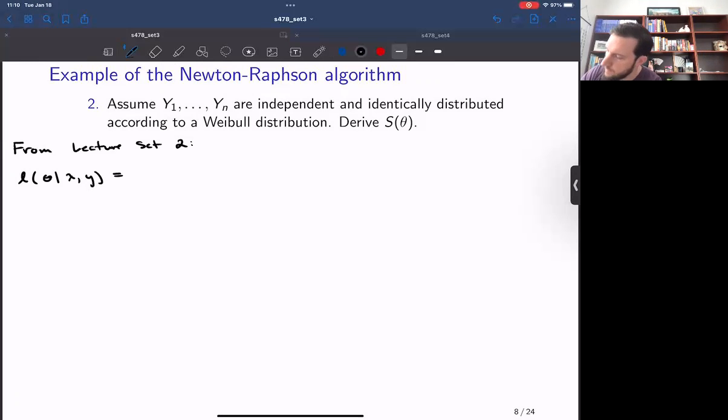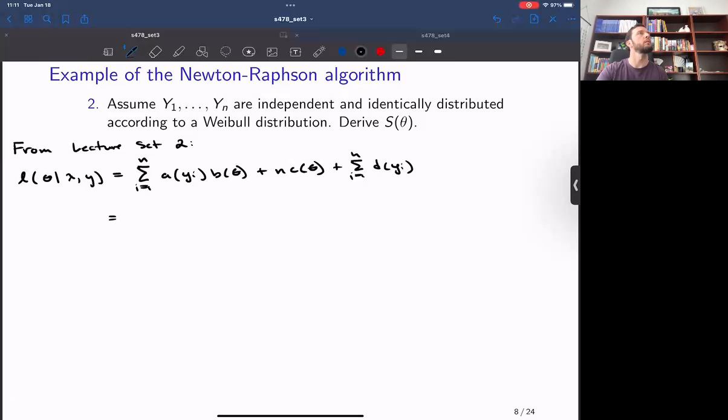We are going to have the sum from i equals 1 to n of a of y_i times b of theta, plus n c of theta, plus the sum from i equals 1 to n of d of y_i.